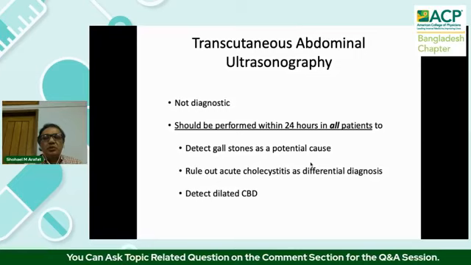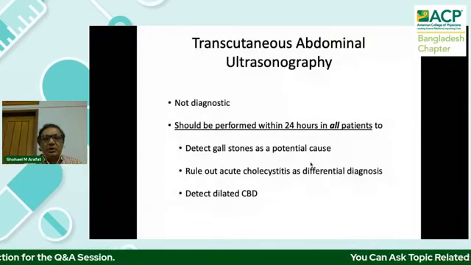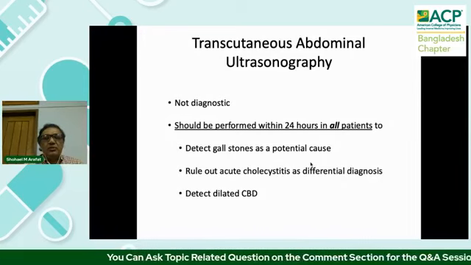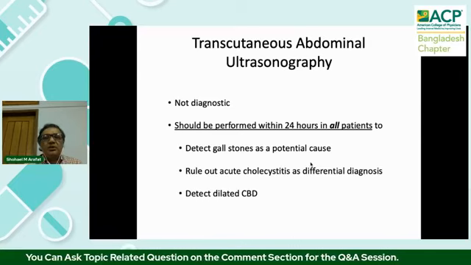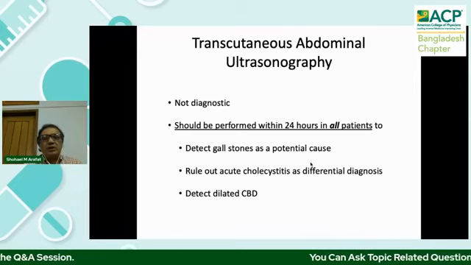So it is very important to rule out any gallstones, to rule out any cholecystitis, and to detect common bile duct dilatation, which might be a sign of choledocholithiasis. These are a few important pieces of information we can get from a simple ultrasonography, which is non-invasive, available everywhere nowadays, and cheaper in comparison to other investigations.